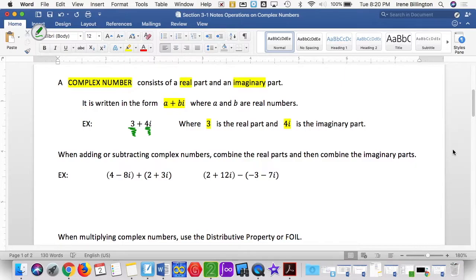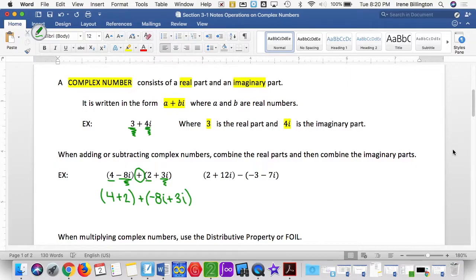And we are going to add these two expressions, which means you are going to add the real parts, which are 4 and 2. So we are adding 4 plus 2. And that is being added with the imaginary parts, -8i and 3i.